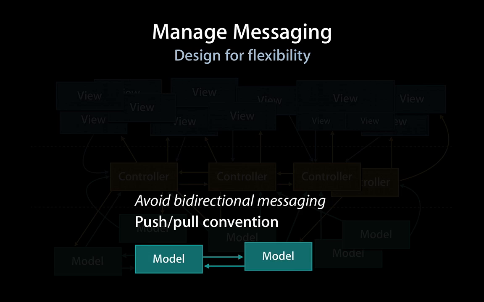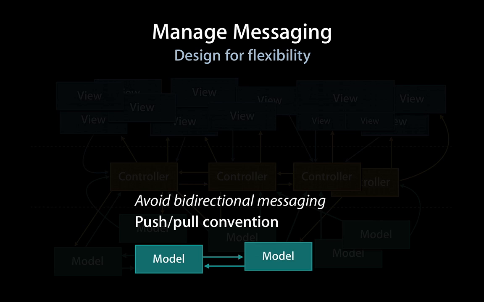So this model object might push data over. It might call a set method on this one. And if data needs to get from this object over to this object, I'll have this one call a get accessor and pull it over.